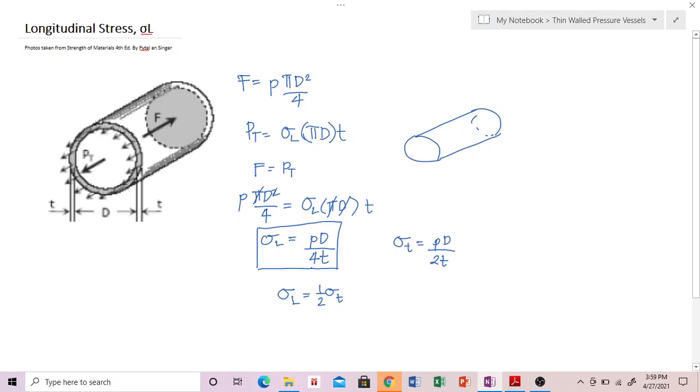So, may gas, mga oxygen, may pressure sa loob. Kapag na-reach niya yung bursting point, ano yung magiging failure? Sa inyong crack? Or ano yung hitsura ng failure? So, yung hitsura na magiging failure niyan, class, is something like this.